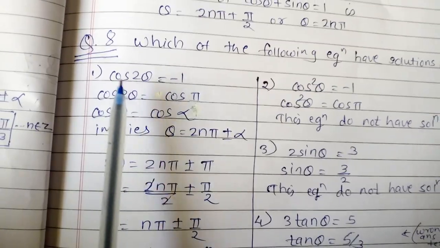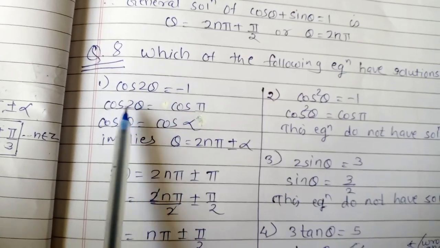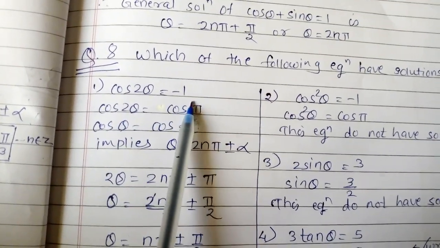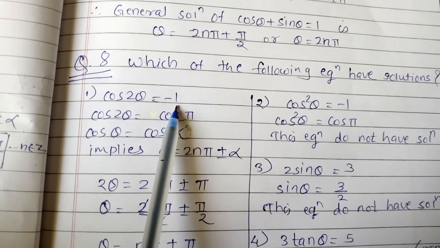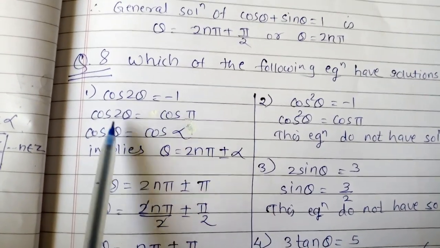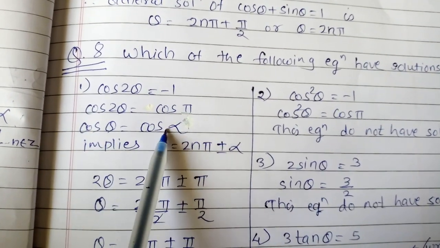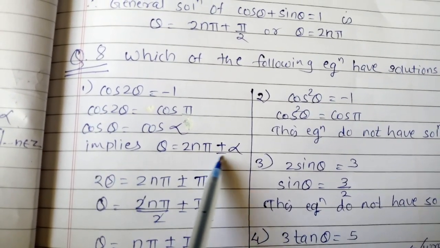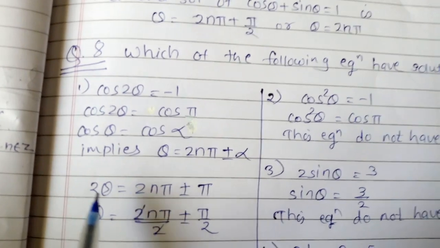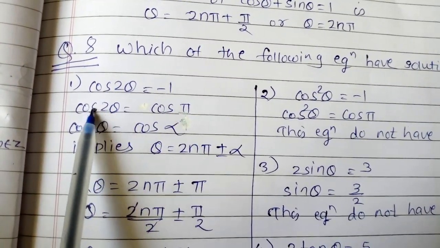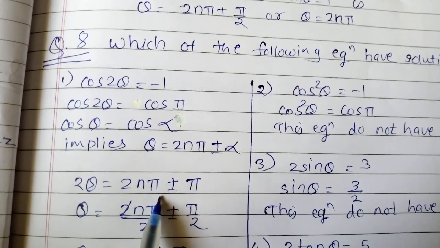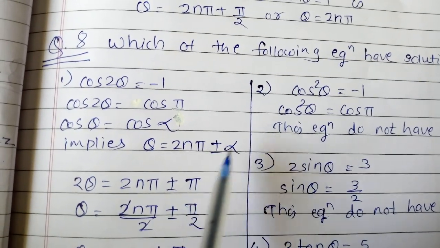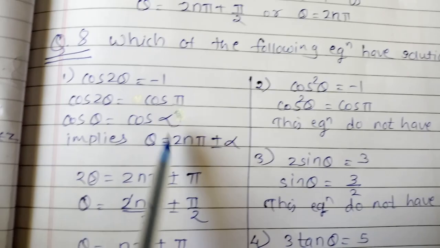So cos 2 theta is equals to minus 1. So cos 2 theta is as it is, and all of you know that the value of cos 180, that is cos pi, is nothing but minus 1. So we put here cos pi. Now comparing it with cos theta is equals to cos alpha, which implies theta is equals to 2n pi plus minus alpha, instead of writing theta we write here 2 theta is equals to 2n pi plus minus the value of alpha, which is pi.